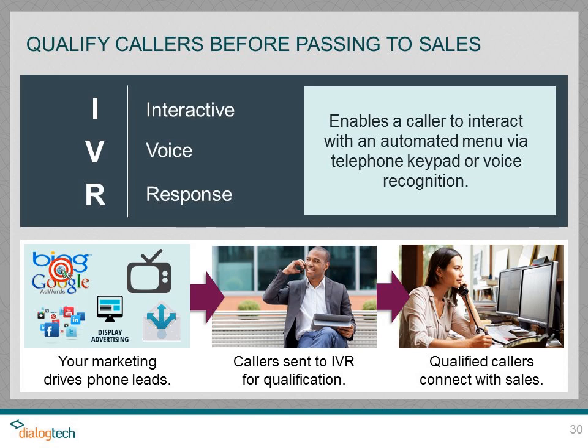So you can set up this IVR and customize it any way you want to ask the questions you think best qualify a caller, making sure they should be sent to sales before sending them on. And it could be as simple as press 1 to talk to sales, press 2 to talk to support, or it could be more involved where there are multiple personal questions about the caller in order to really understand if they're a sales-ready call or not.